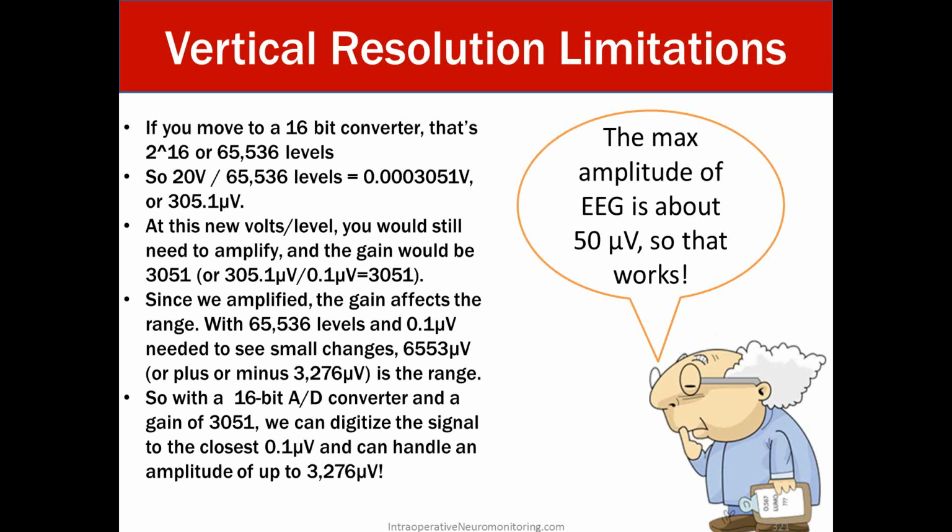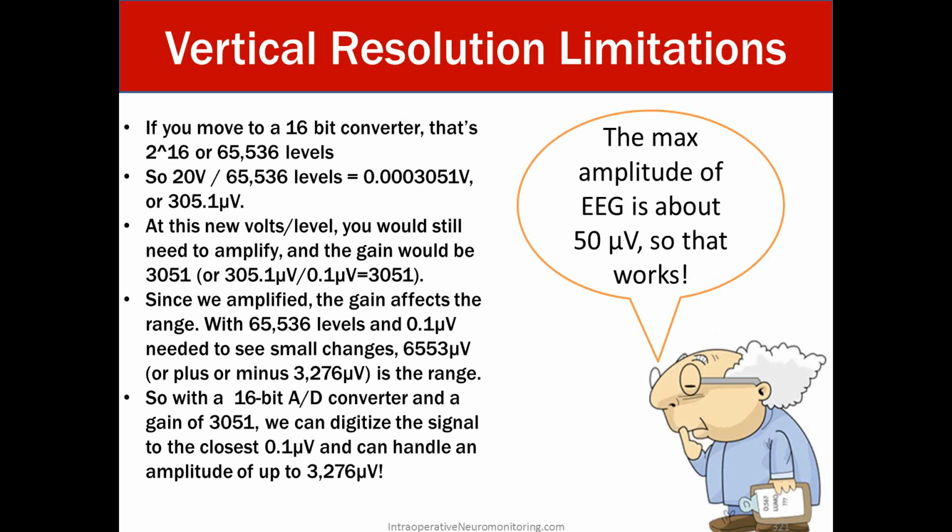Since we amplified, the gain affects the range, with 65,000 levels and 0.1 microvolts needed to see small changes: 6,553 microvolts, or plus or minus 3,276 microvolts, is the range.